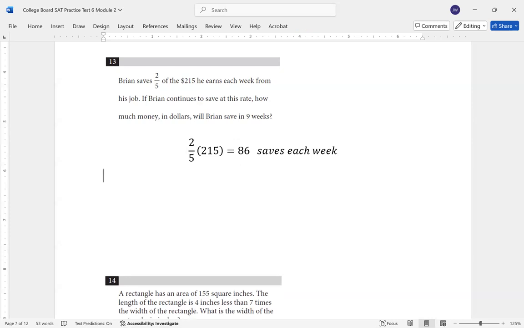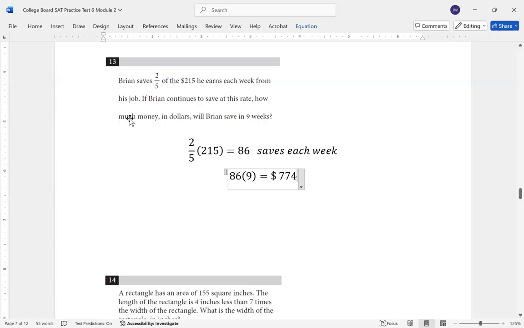How much will Brian save in 9 weeks? Well, that's just going to be $86 times 9, because 9 weeks at $86 is 9 times 86. That's $774.